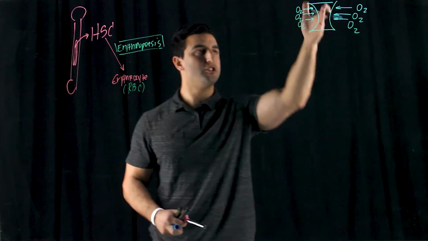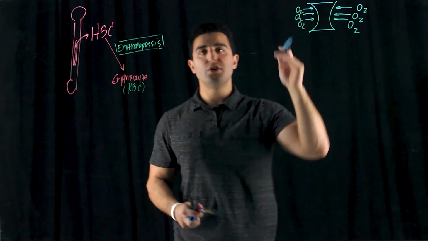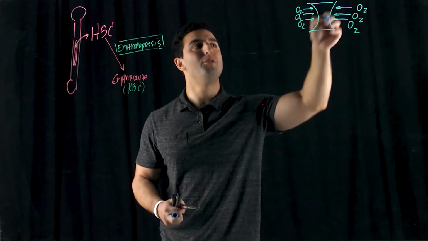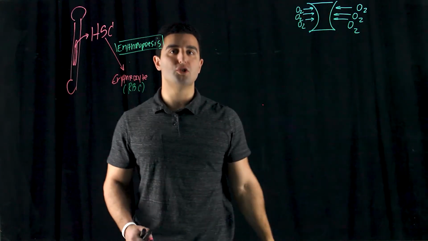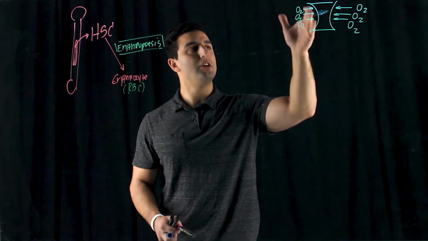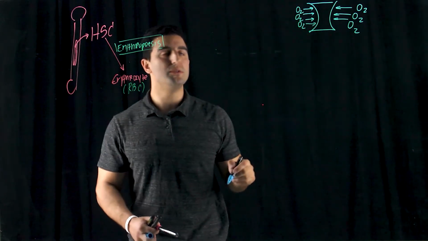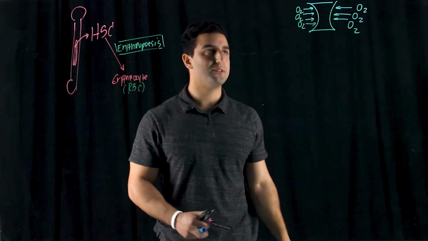So you have all these oxygens going in very nicely, right? There are certain pathological conditions like, for example, sickle cell anemia, where there's an abnormality of this biconcave structure, right? And this causes a lack of actual diffusion into the red blood cells, right?